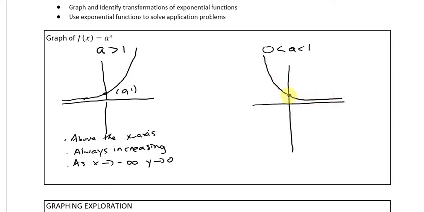It's still going to go through the point 0, 1. This graph is also above the x-axis. This one is always decreasing, and as x gets closer to positive infinity, y gets closer to 0.